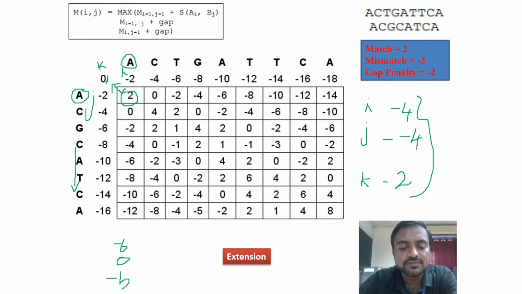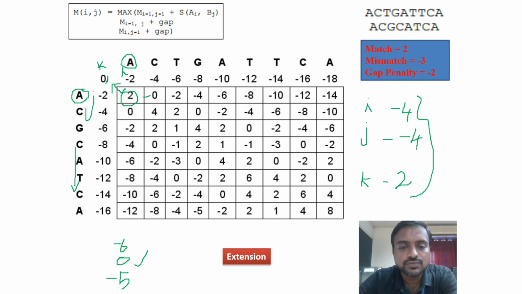So then comes the next question. Which of these three is maximum? Minus 6, 0, minus 5. The answer is 0. So what do you mean by that?